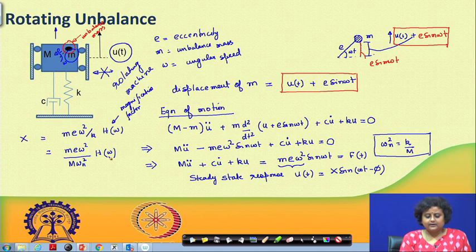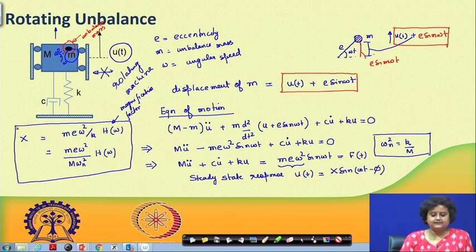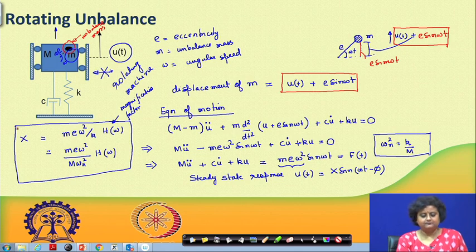You can actually find a similarity between this solution and the solution that we derived earlier. Earlier we saw x is nothing but A into H(omega), where A is the static displacement of the system.